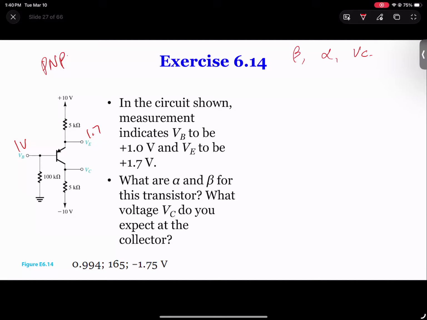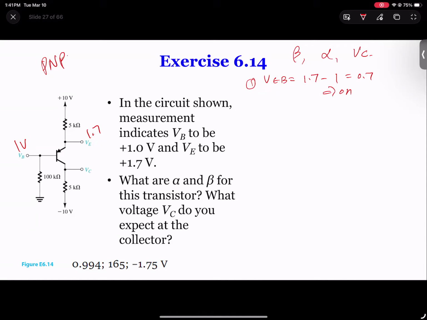Okay. So first of all, VE is 1.7 and VB is 1. So the first step, we can conclude that this transistor is on. It's not cut off. If it is cut off, right, stop. But it's not in cutoff, so we have to move on.